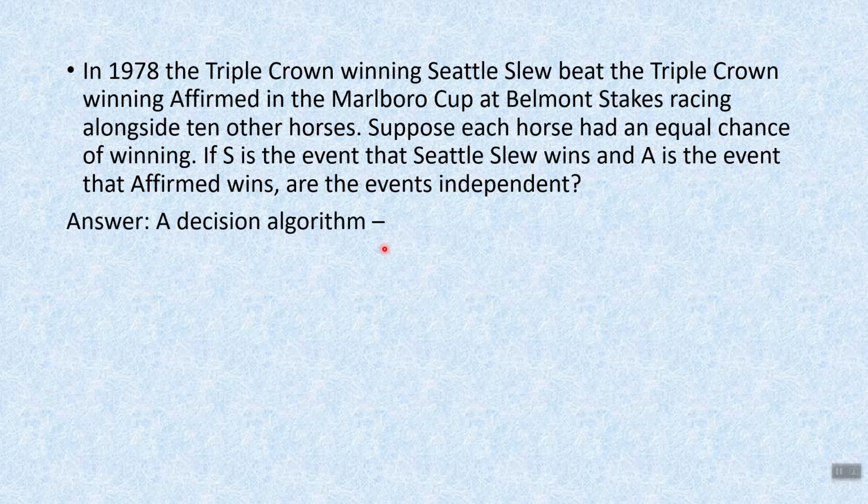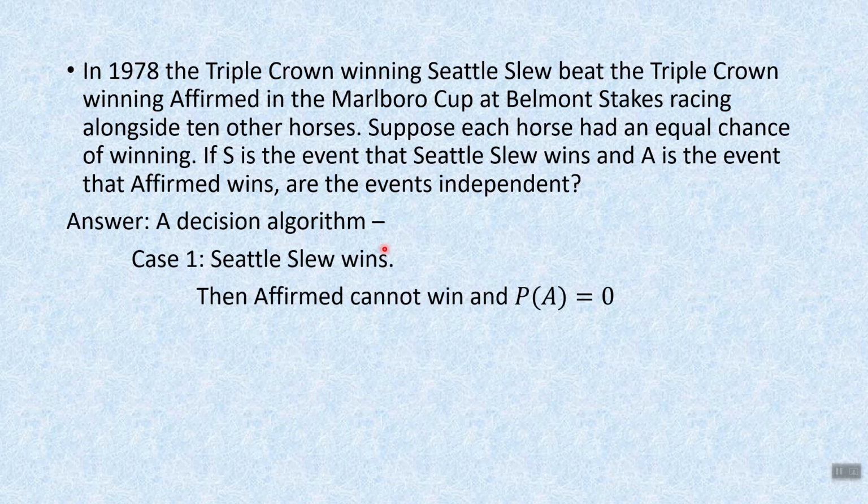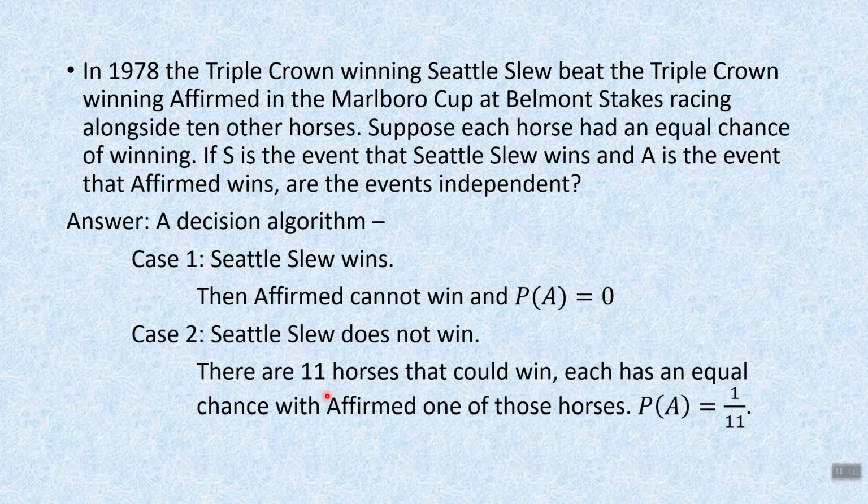Let's go to a decision algorithm. Okay, getting a little silly here. Case 1, Seattle Slew wins. If Seattle Slew wins the race, which they did, Affirmed cannot win, and the probability of Affirmed winning is 0. What if Seattle Slew does not win? Then there are 11 horses, Affirmed and the 10 others, that could win.